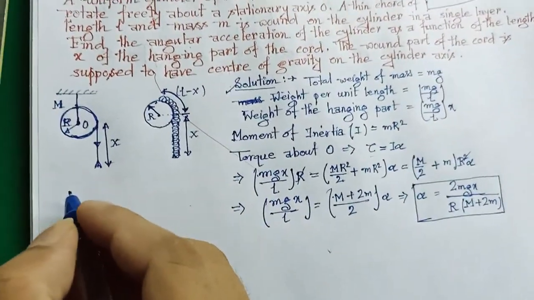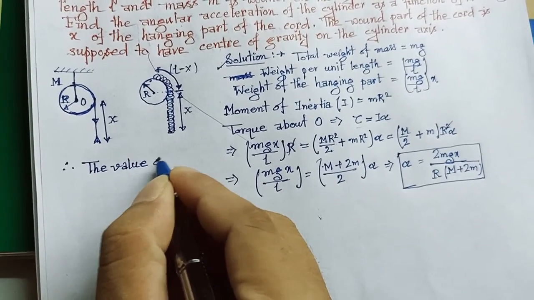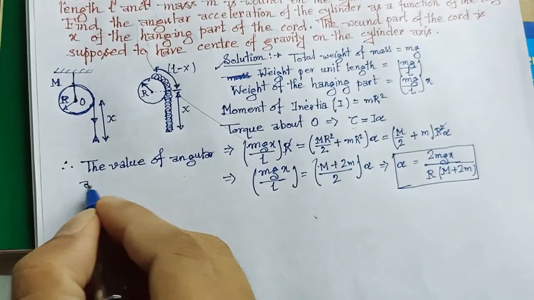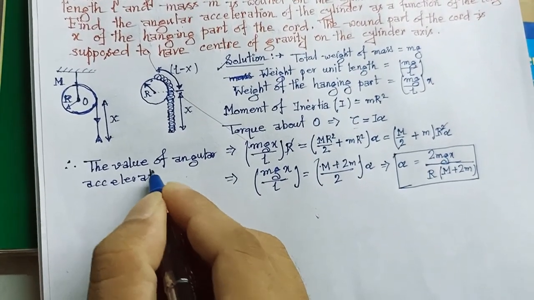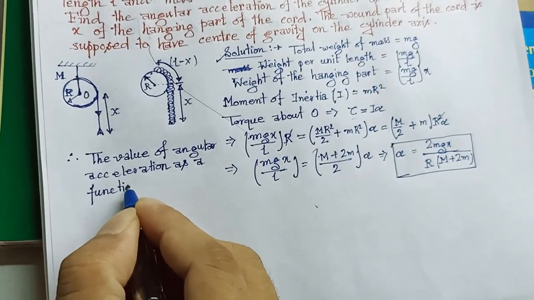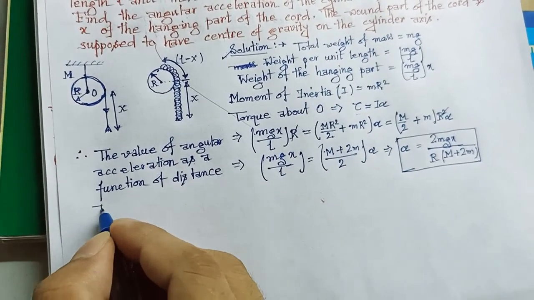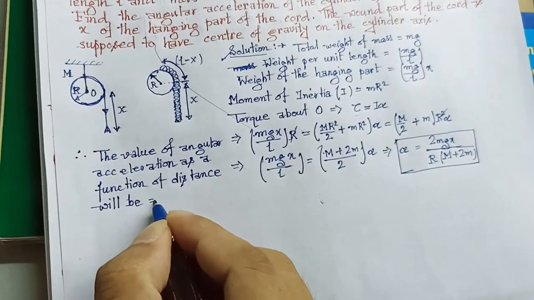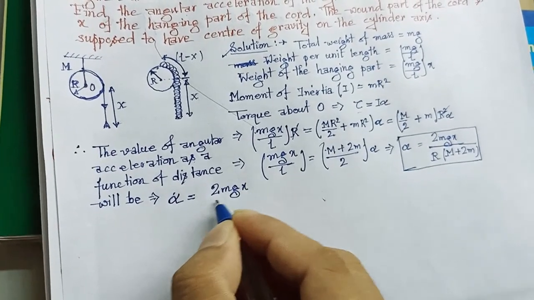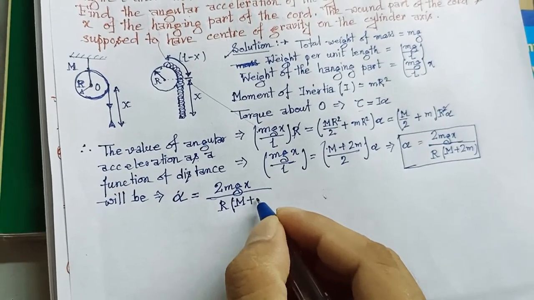So the value of angular acceleration as a function of distance will be equal to alpha equal to 2 mg x divided by r times capital M plus 2 times small m.